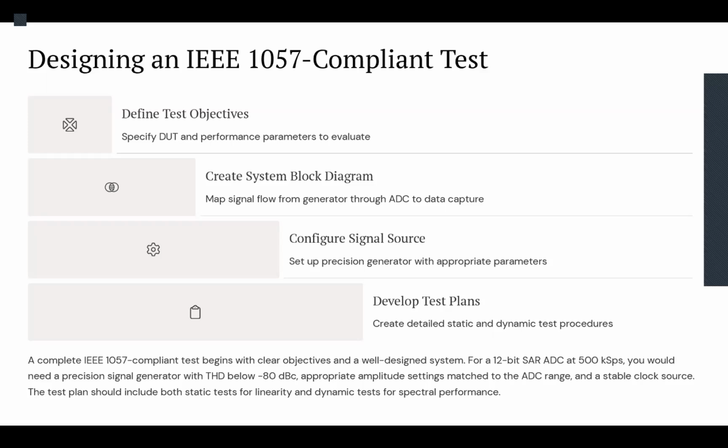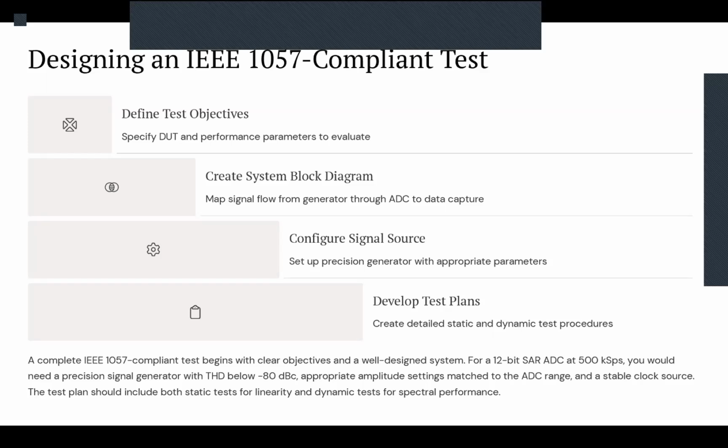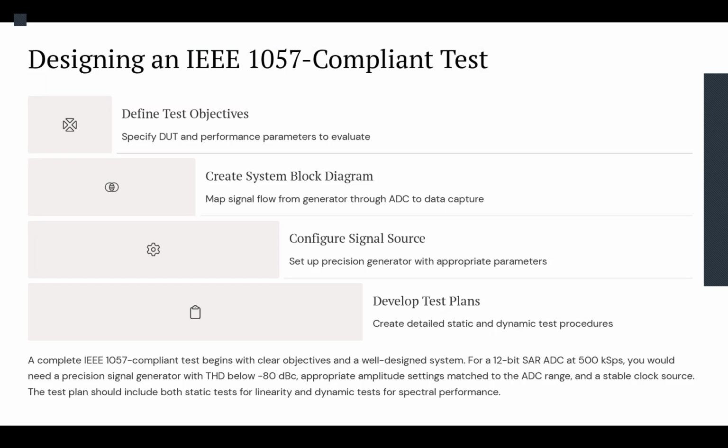Now, IEEE 1057 also incorporates environmental conditions and calibration. The temperature of the test setup should remain stable because a difference in temperature will affect the test result.